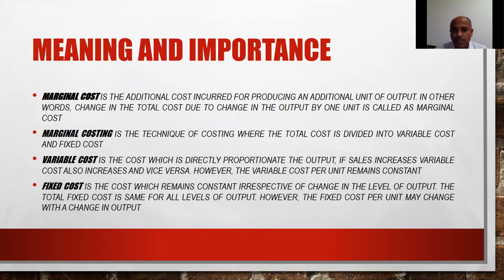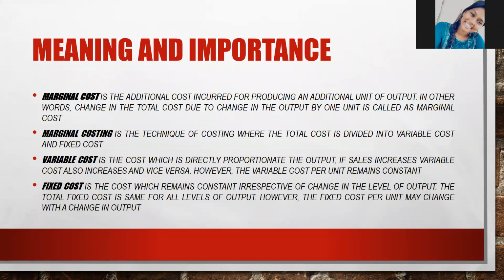Guys, quickly answer me. Total variable cost. I'll give you options. Total variable cost will change or it will remain fixed? It'll keep changing according to the output. Good. Total fixed cost. It is constant. Per unit variable cost.